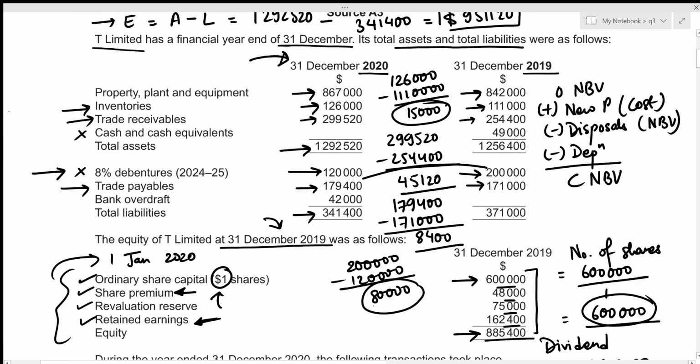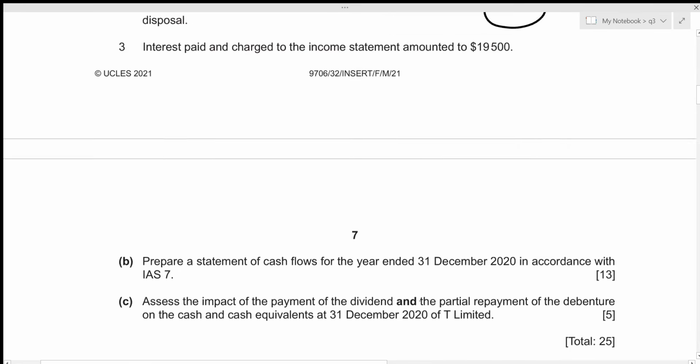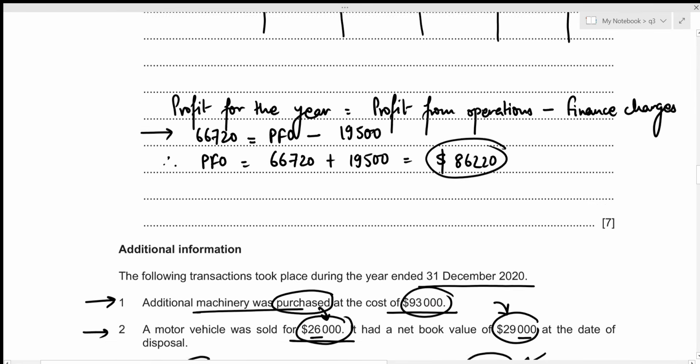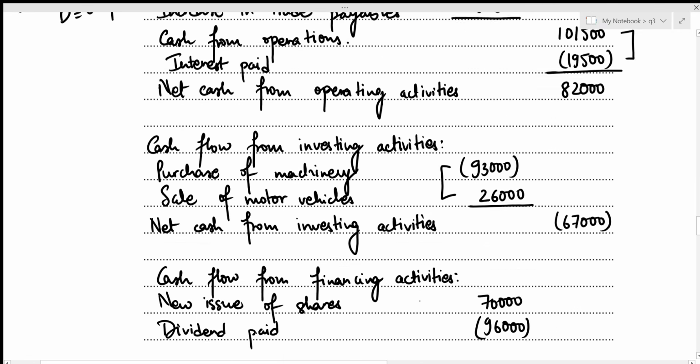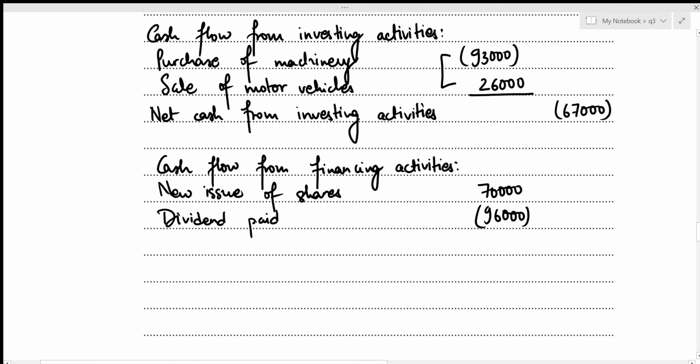This is a payment which is cash outflow, so this should be subtracted in our cash flow statement. Let's do that. So we can write it down as repayment of debenture, which amounts to 80,000. And this concludes all of the activities in our financing section. So we can figure out the net cash from financing activities.